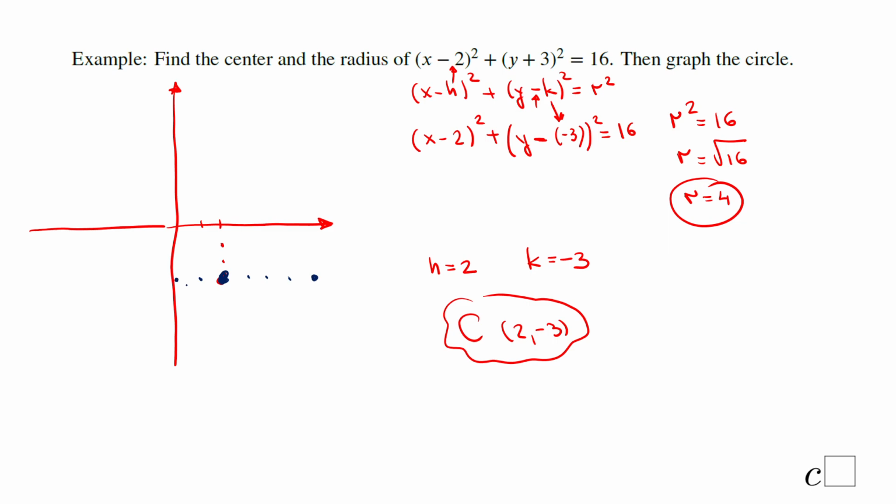So now I think we can do a decent job here. And that's it. This is the circle with the equation given in the problem.